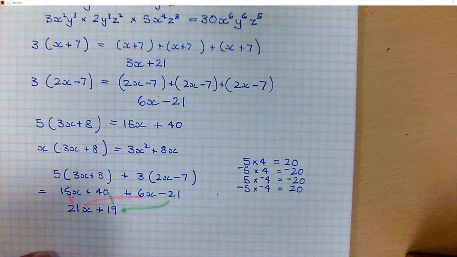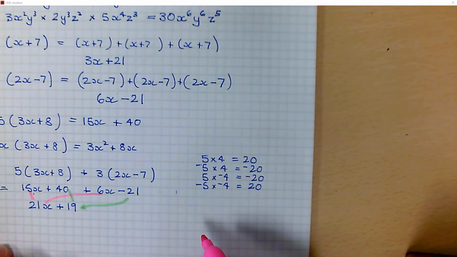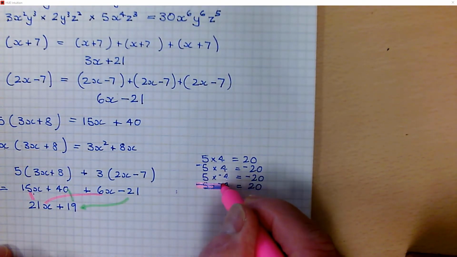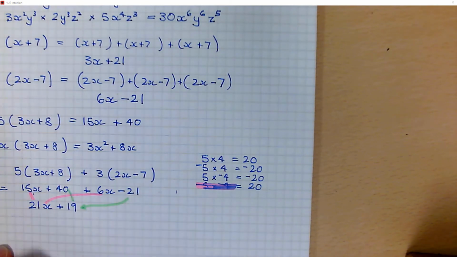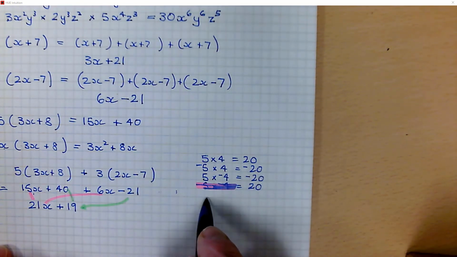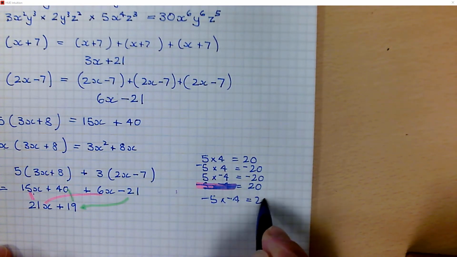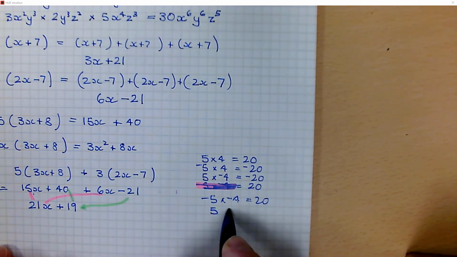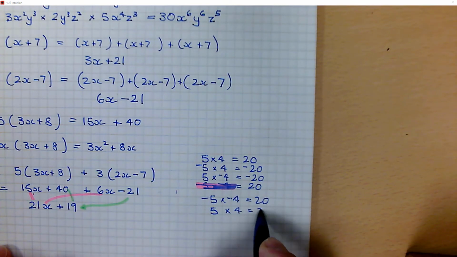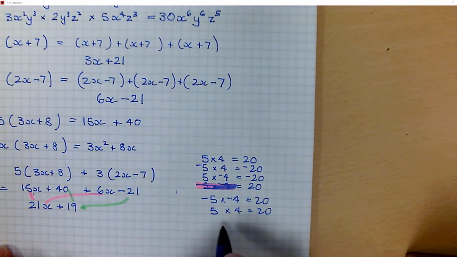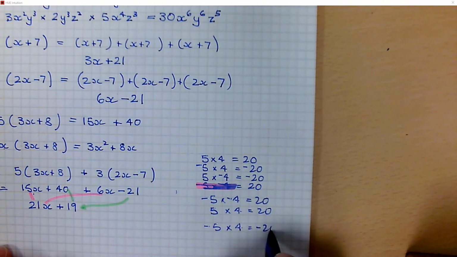So the rule is, if the two numbers have the same sign... whoops, daisy, that made a right mess. Let's try that one more time. If it's minus 5 times minus 4, that's 20. And if it's 5 times 4, that will also be 20. But minus 5 times 4 is minus 20.